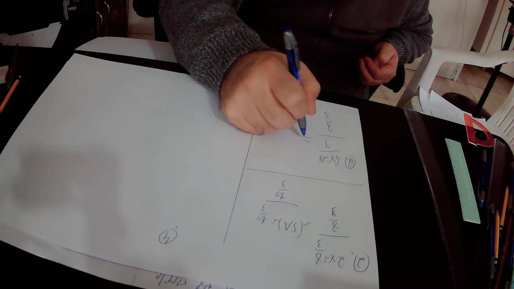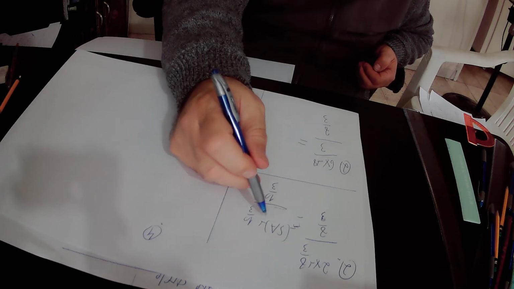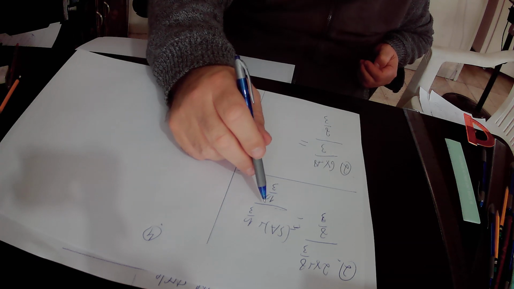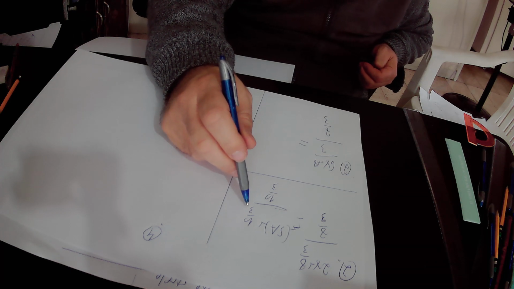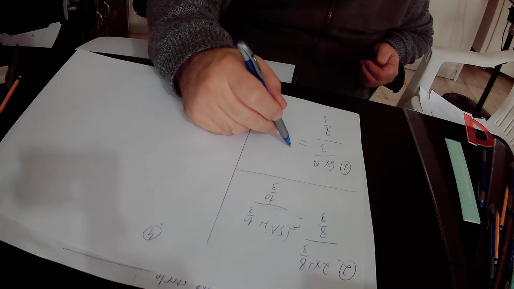And it is also equal to, on the other side of the equation, SA plus 10 over 3. So here we multiply SA by 3 and then we divide it by 3 in order to have a common factor with 10 over 3. SA times 3 is 3SA.